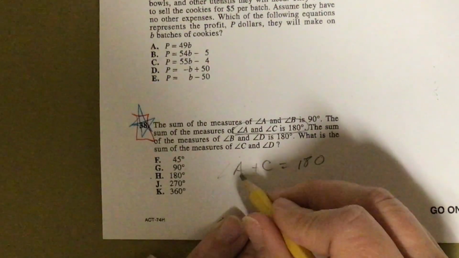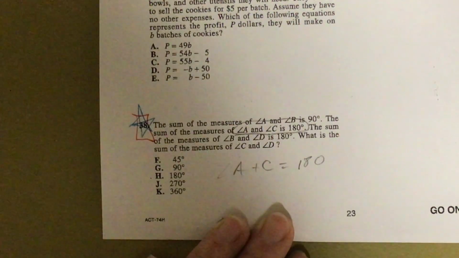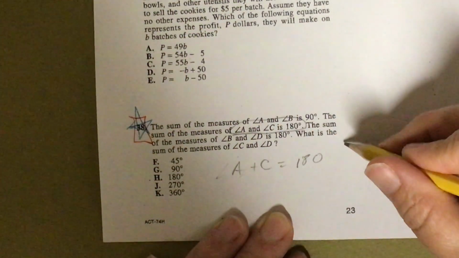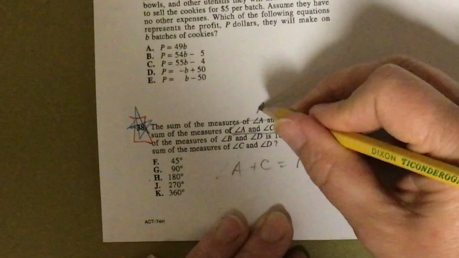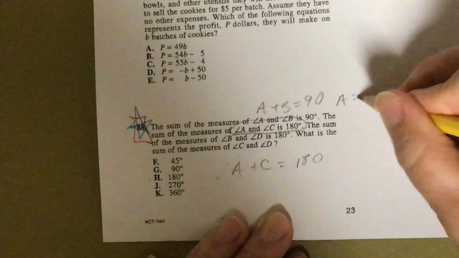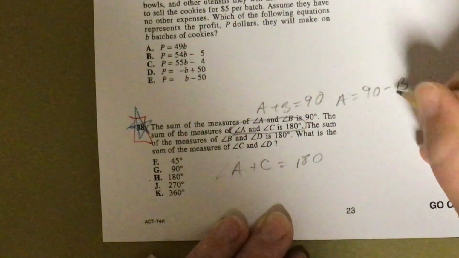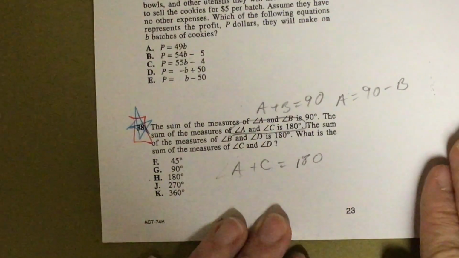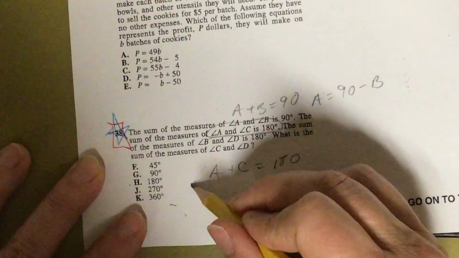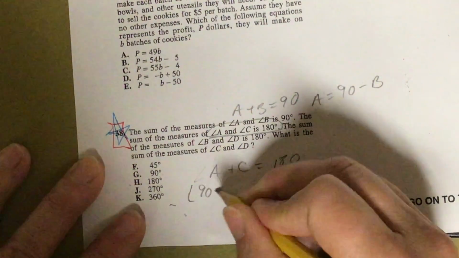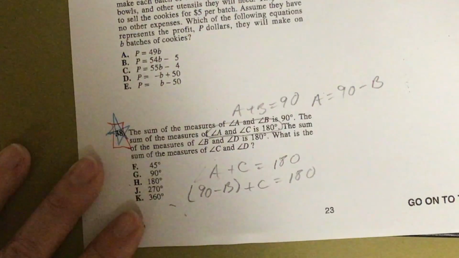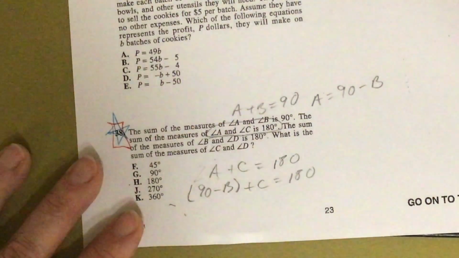And then I want to replace A because I want to change this into a D. So I know that up here it says that A plus B is 90. So I know that A equals 90 minus B if I rearrange. So I can replace A down here with 90 minus B equals 180. Okay.